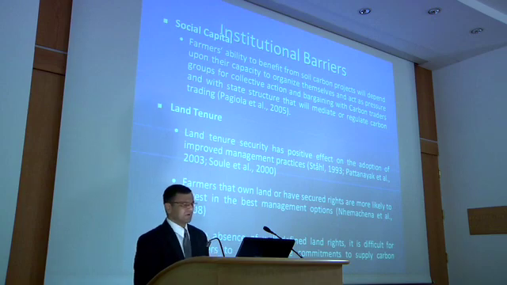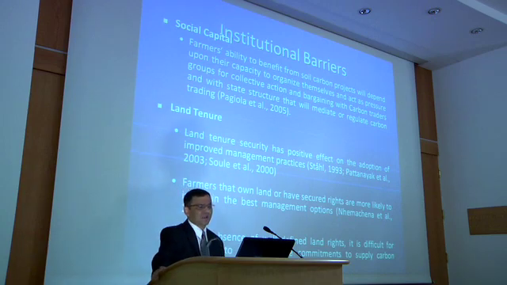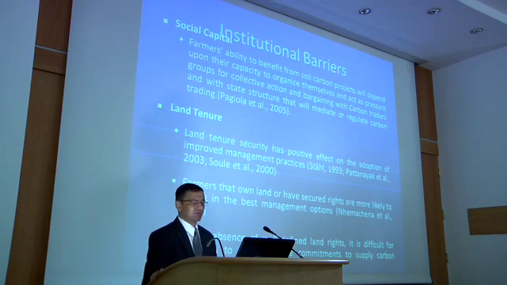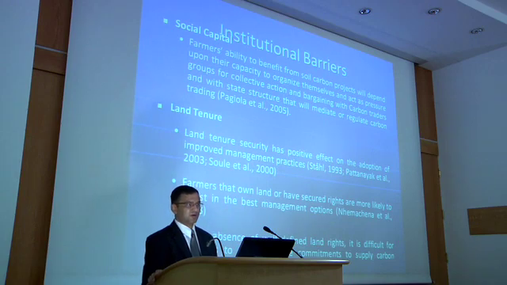And it makes perfect sense. Farmers that own land or have secure rights are more likely to invest in management practices. If I don't own land, why should I invest? It doesn't make any sense. So Nimachina did a study in Ethiopia and South Africa and found that land security rights determine whether the best management options are adopted or not.